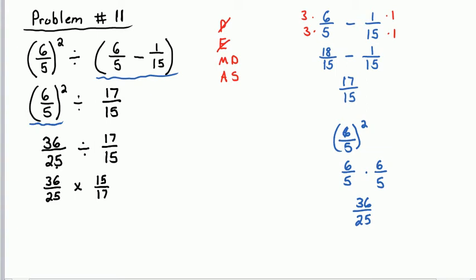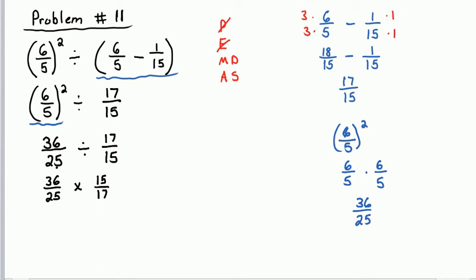And now I will continue with my multiplication, and I could very well multiply 36 times 15 and 25 times 17, get an answer, and then reduce that answer. However, I'm going to use a technique known as cross reduction and see if I can spot any common factors now, making my math easier in the long run.